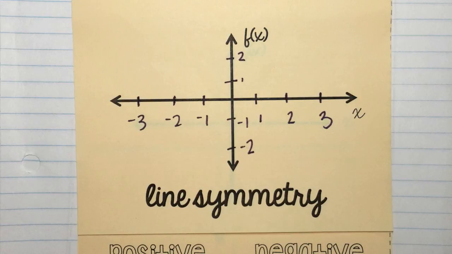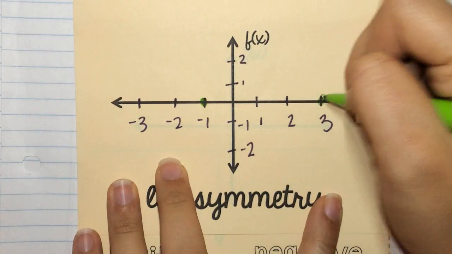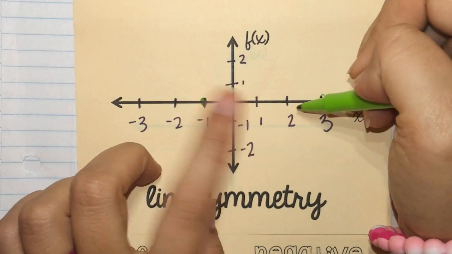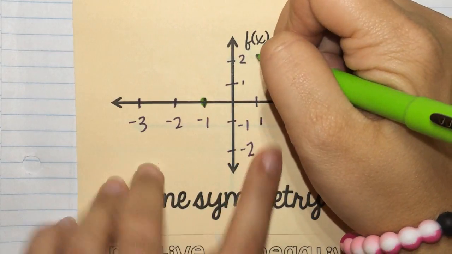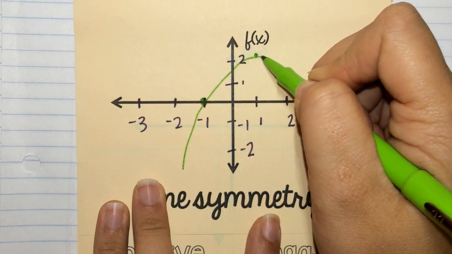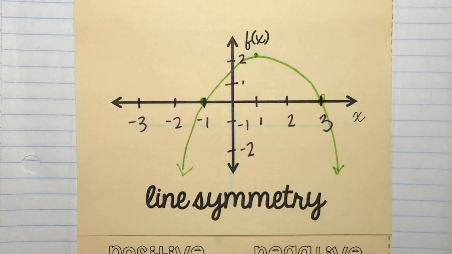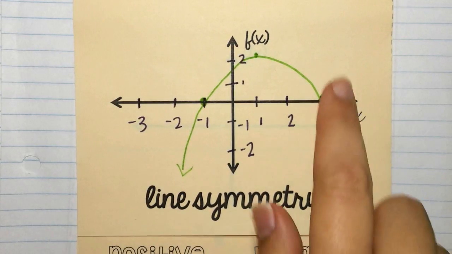Alright, so our graph this time is going to go from negative 1 to 3. And it's going to look like this. Make sure you put a dot up there at 1 too.